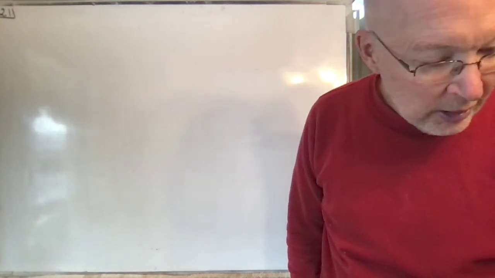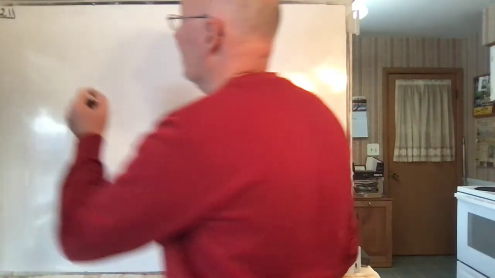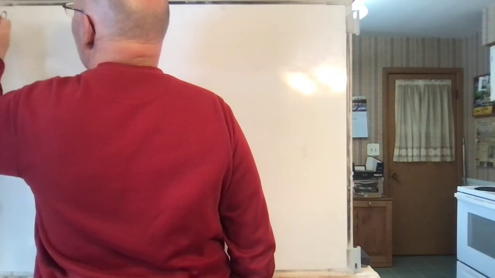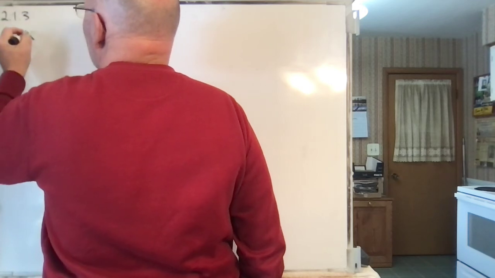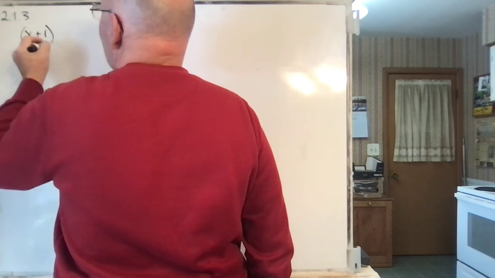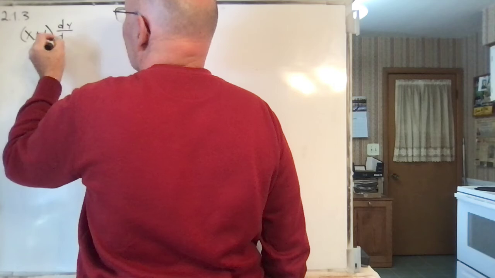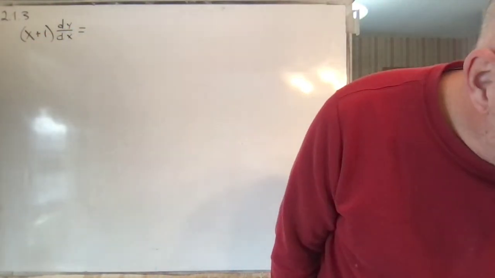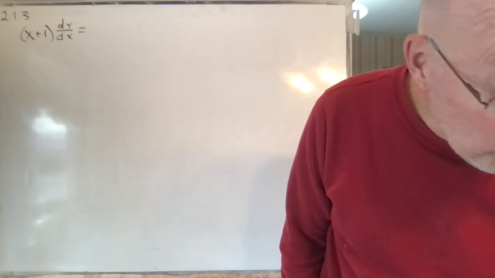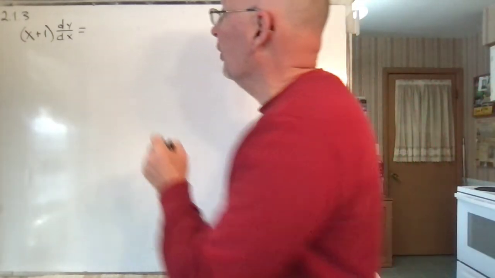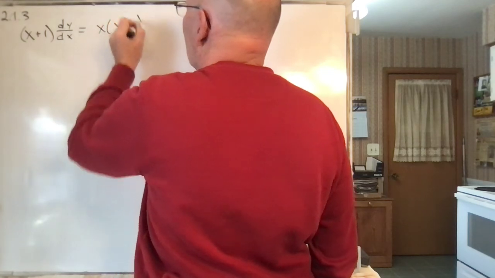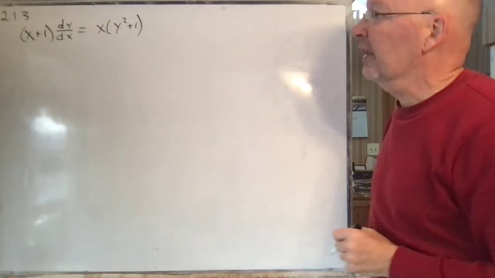It's going to be x plus 1 times dy/dx is equal to x times y squared plus 1. Okay, so that's what we have.